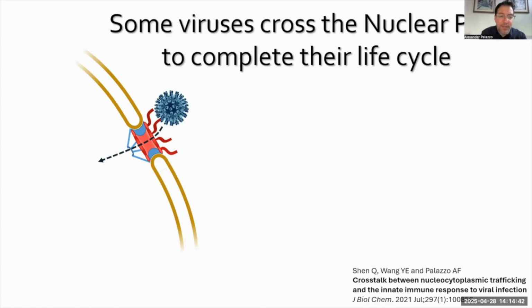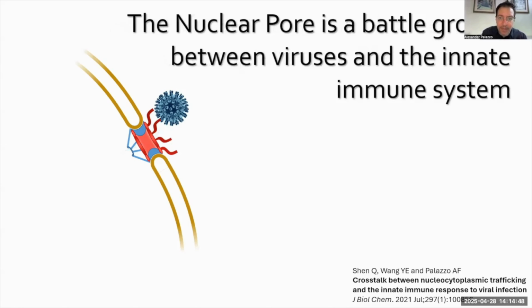Many of these viruses are trying to get access to the nucleoplasm to complete their life cycle. Because of this bottleneck, a figurative and actually quite literal bottleneck, the nuclear pore ends up being a battleground between viruses and the innate immune system.